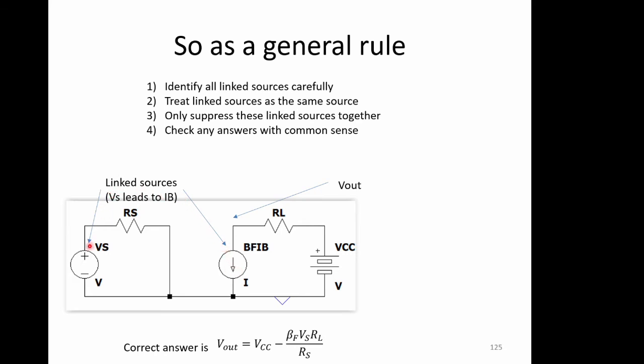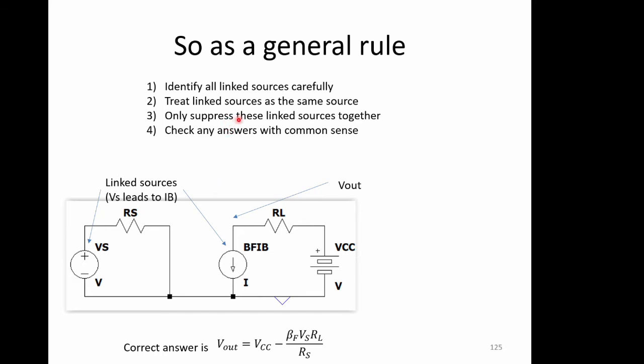But identify them, and then we would treat linked sources as the same source. So we would say this is one big virtual source, these two combined together. We treat them as one, and then we only suppress these linked sources together. So we don't suppress this one on its own and then this one on its own. We suppress both of these at the same time, and we open them both up at the same time.